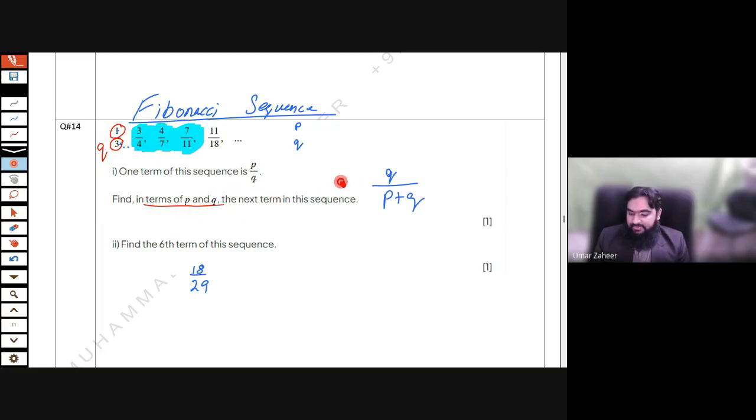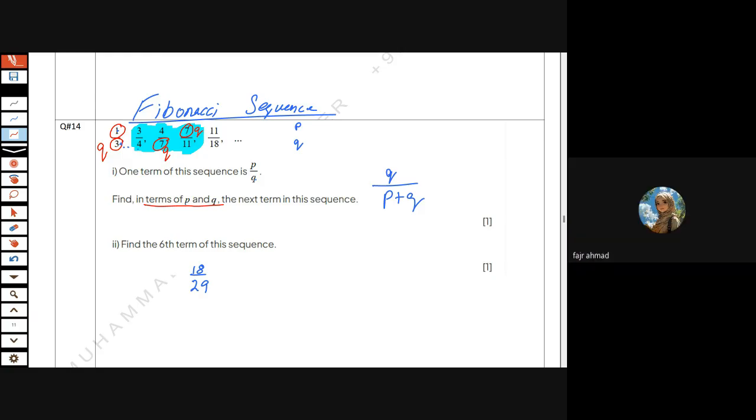And he says that the numerator value is q. So basically, the denominator becomes the numerator of the next value. Means if it is q, then it will be q as well, right? And the denominator we are getting from adding 3 and 4.